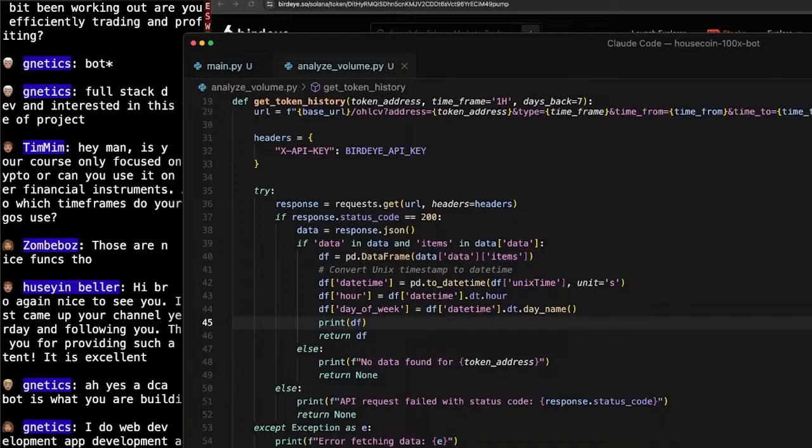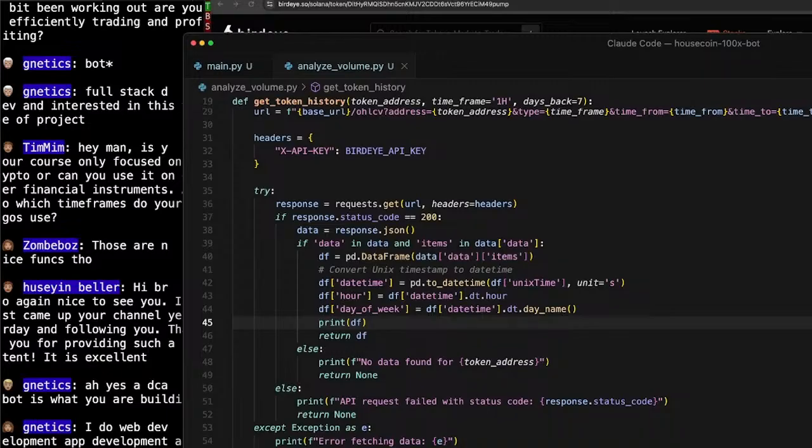The weird thing is that I'm using the API and I screenshotted from the Birdeye website, so the volume is incorrect.